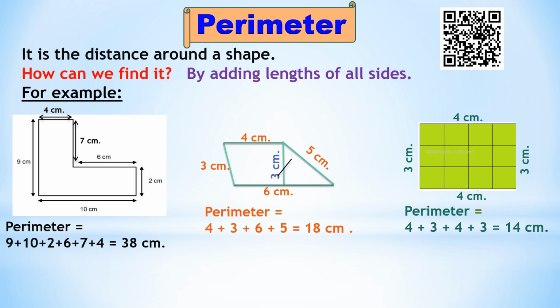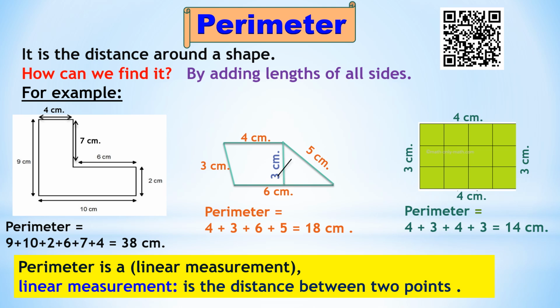So when we move and pass 1 square, it means 1 centimeter. Let's move to the second square, 2 centimeters, 3 centimeters, 4 centimeters. So we will add 4 centimeters plus 3 centimeters plus 4 centimeters plus 3 centimeters.